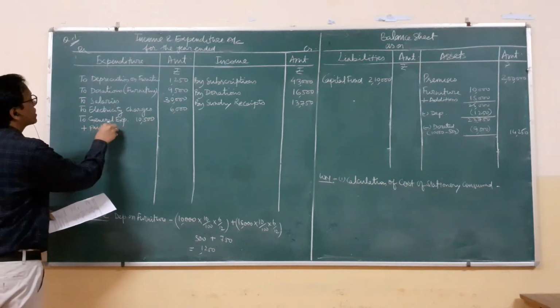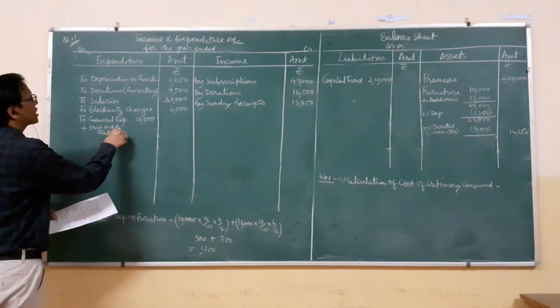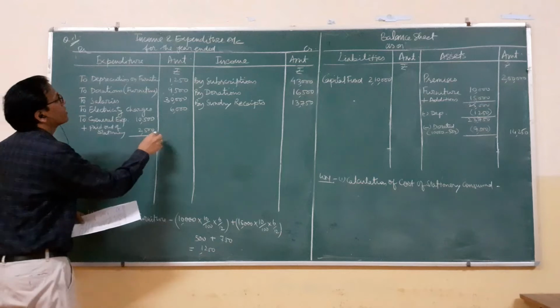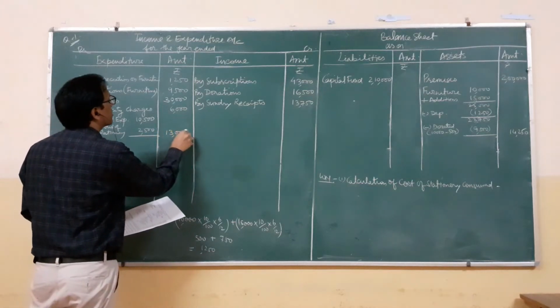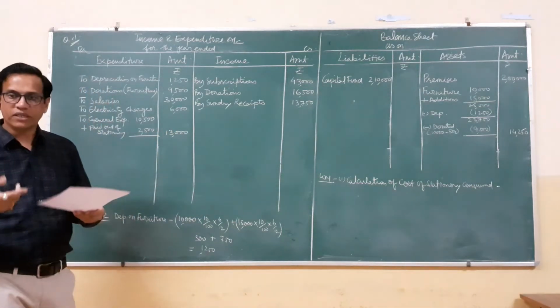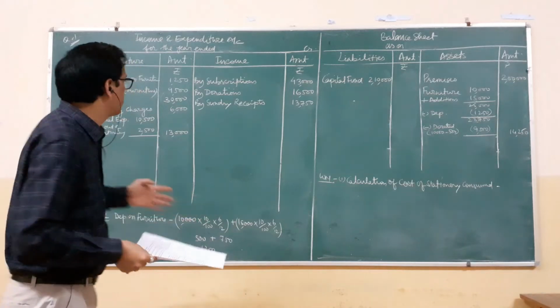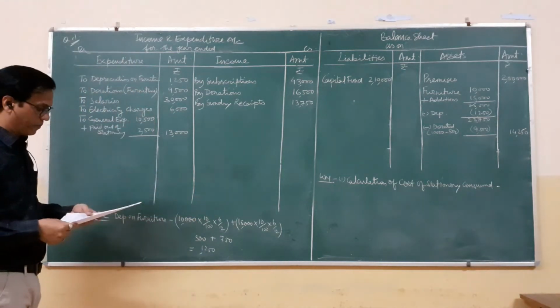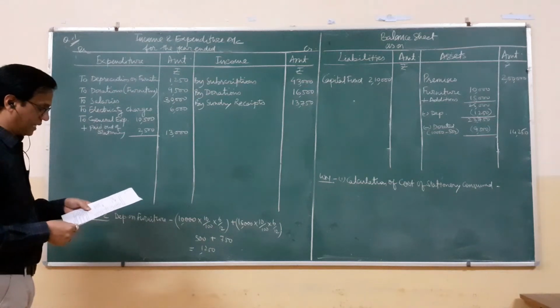That means creditors, from them we purchased stationery as well as some other items and we paid them together. So 2,500 will be separate from there. 2,500 we have taken and added here.